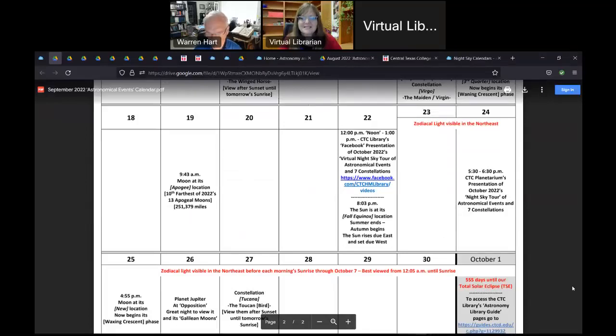Now on Thursday the 22nd, look down below at 8:03 p.m. The sun is at its fall equinox location, and it says there that the summer ends and autumn begins at that point.